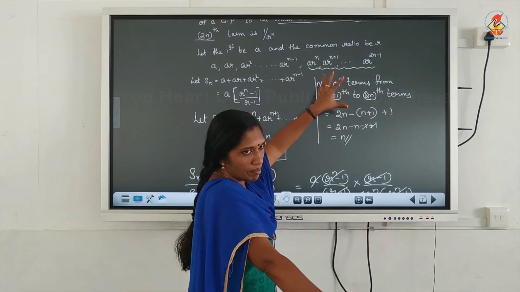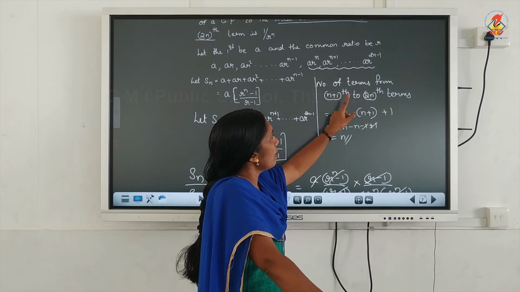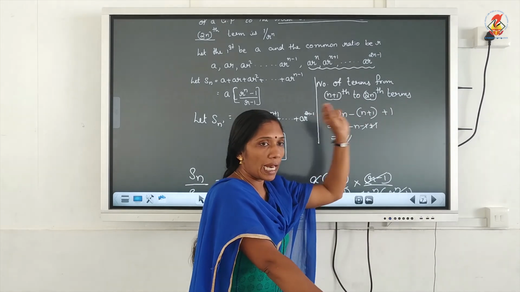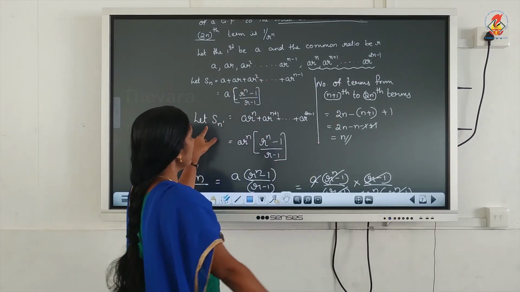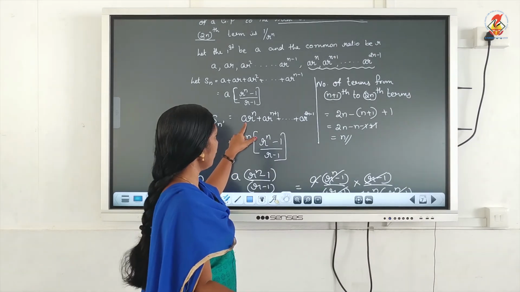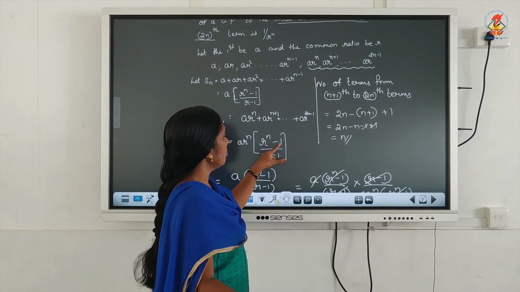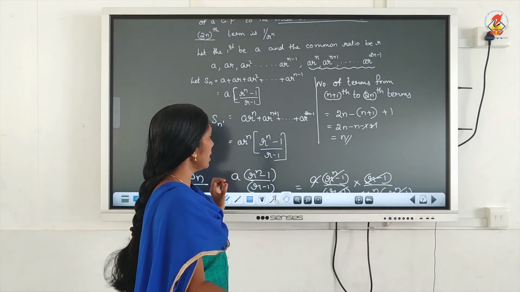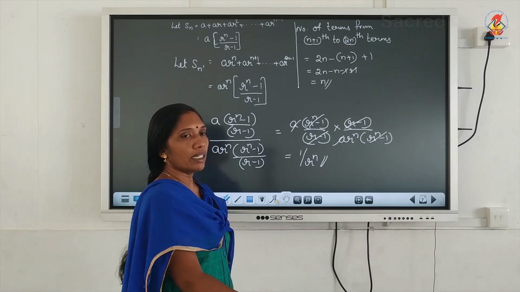How many terms are there? First we have to find that. Subtract n plus 1 from 2n, then add 1 also. So we get n. Then the sum formula Sn dash: the first term here is different, ar raised to n, then r raised to n minus 1 by r minus 1. Then find the ratio. So we get the answer 1 by r raised to n.